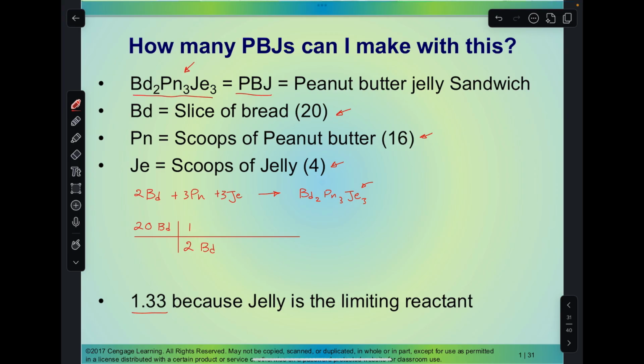And so I'm going to abbreviate this PBJ because I don't want to write that out each time. For 2 breads for every 1 PBJ, and we're done. So from the 20 slices of bread you have, you can make 10 sandwiches.